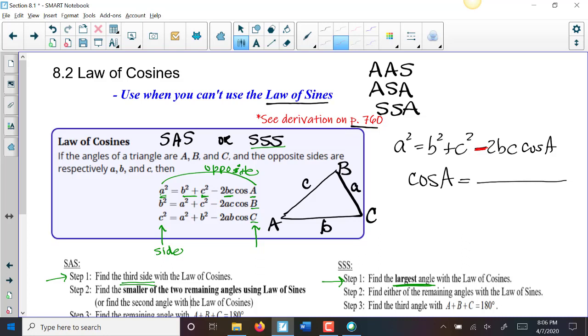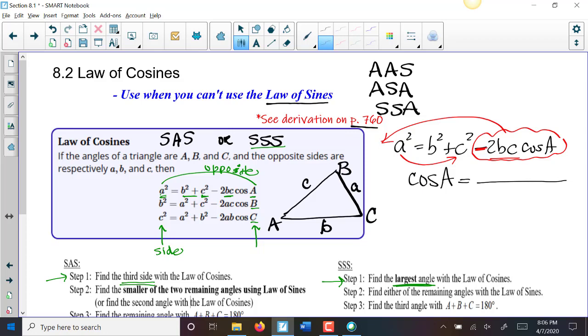Because this is negative, we would be dividing by that. We don't like to have a negative in the denominator, so we're going to go to the opposite side to make it nice. So we could move this to this side, move the a squared to this side.